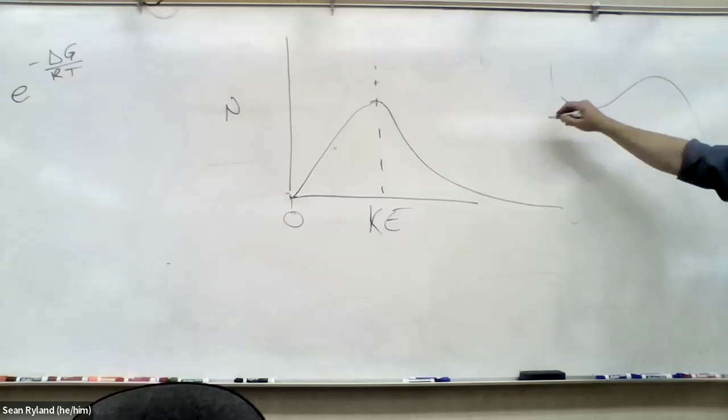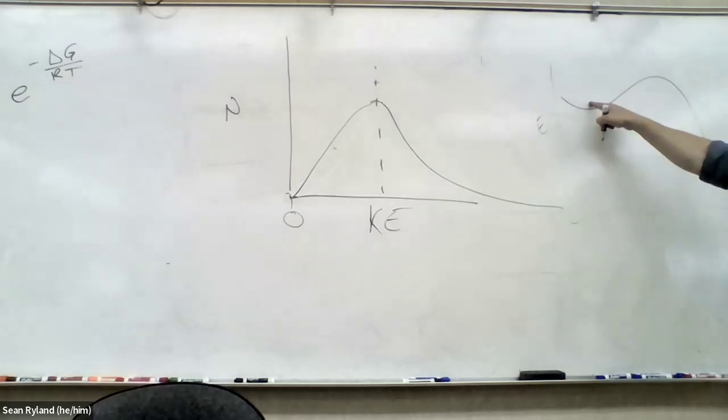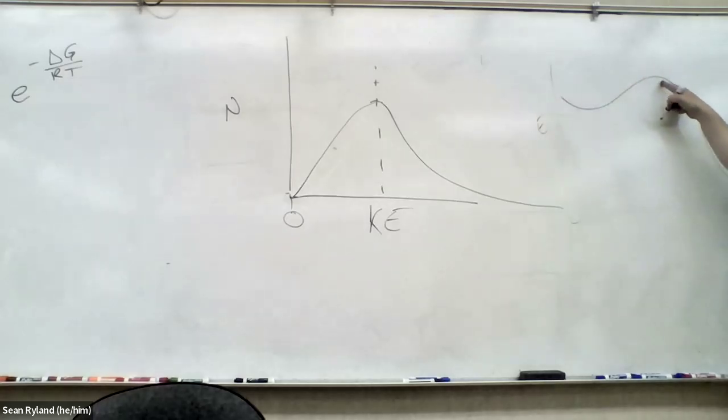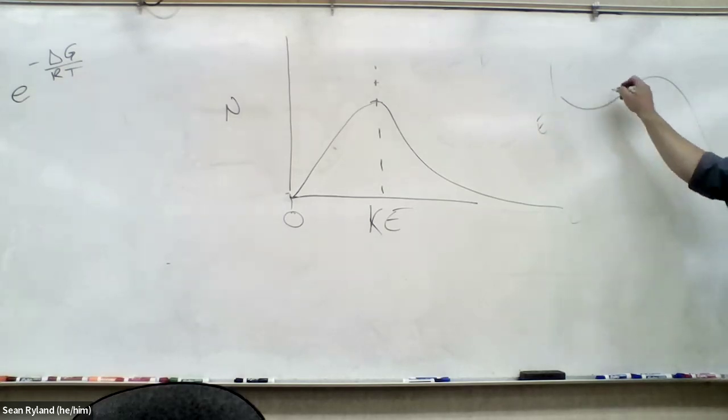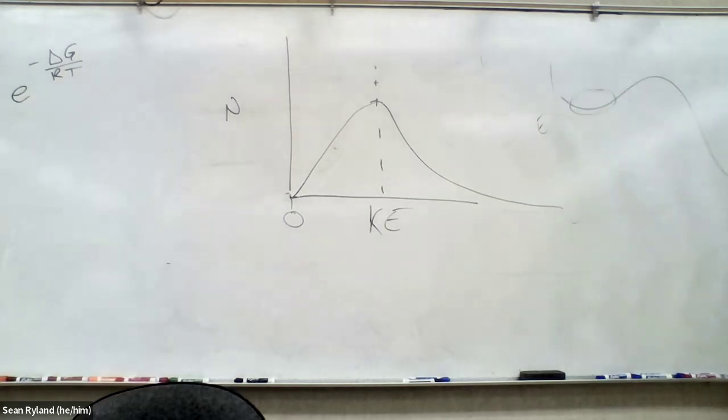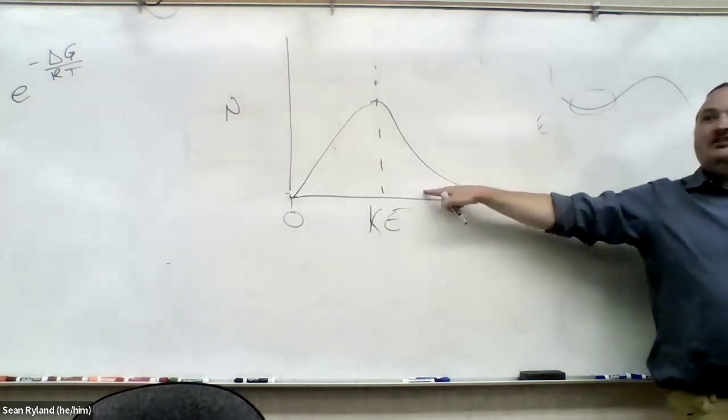If this is our reactants and they have some amount of energy and then there's some barrier they have to get over, like going through the pass to get from lake level to Carson, the ratio of molecules at this state versus at this state is actually based on this distribution.